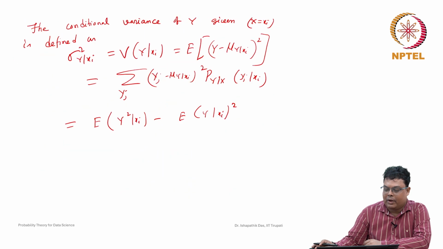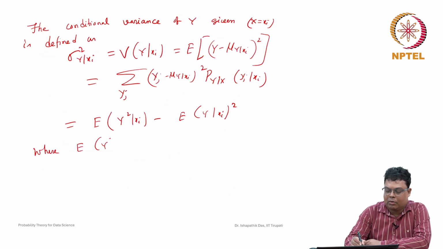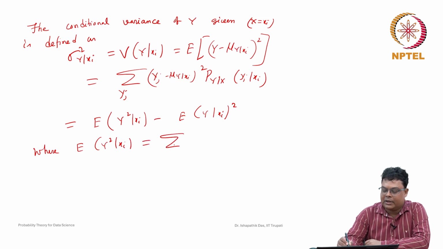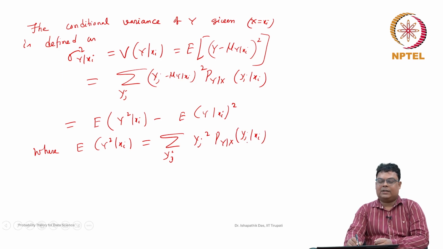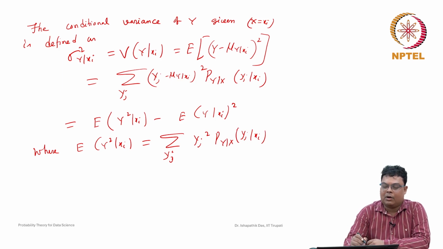It is nothing but the summation over all values of yj of yj square times the conditional probability mass function of yj given xi. So this is the conditional variance of Y given X equal to xi.